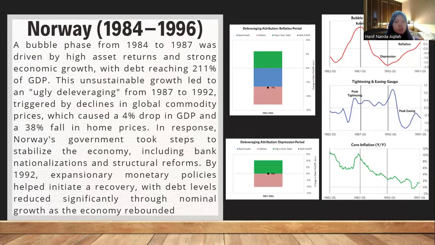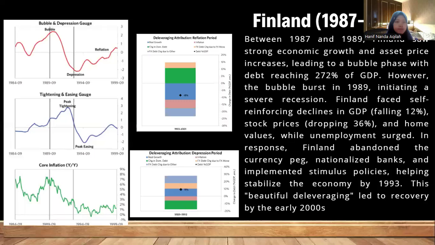This unsustainable growth led to an ugly deleveraging from 1987 to 1992, which caused a 4% drop in GDP and a 38% fall in home prices. Norway's government took steps to stabilize the economy, like bank nationalizations and structural reforms. In 1992, expansionary monetary policies helped initiate a recovery.